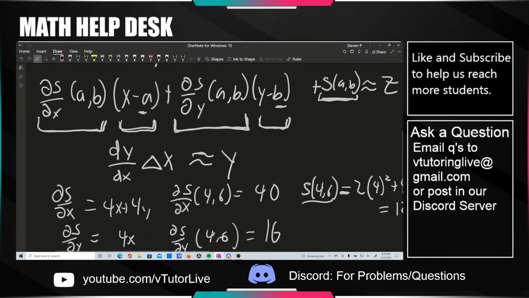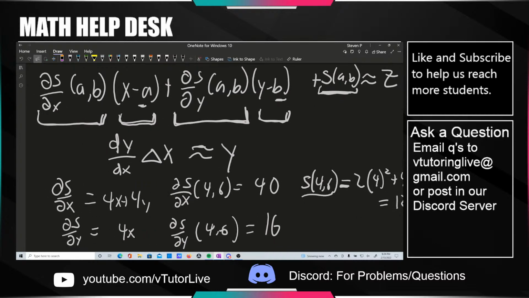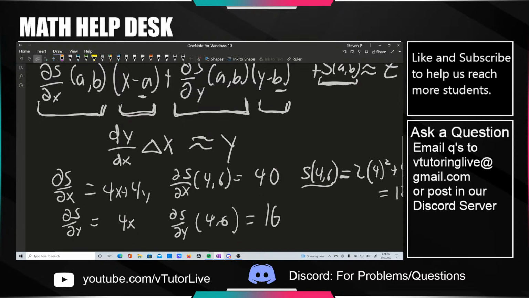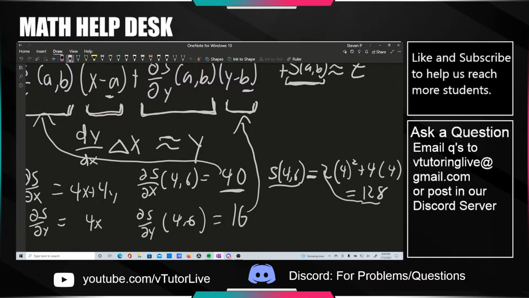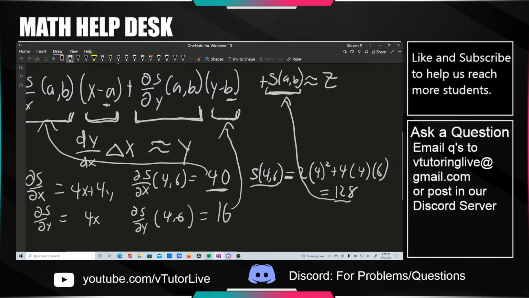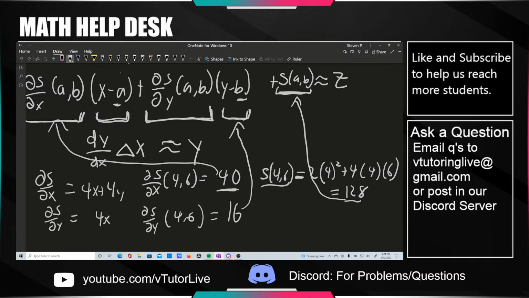So then, yeah, at this point, you just go ahead and plug everything in. You plug in 40 over here, you plug in 16 over here, and you plug in 128 here. And then a is just 4, b is just 6.